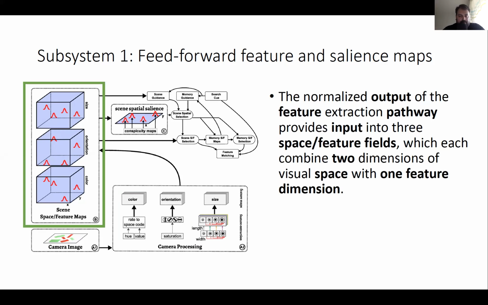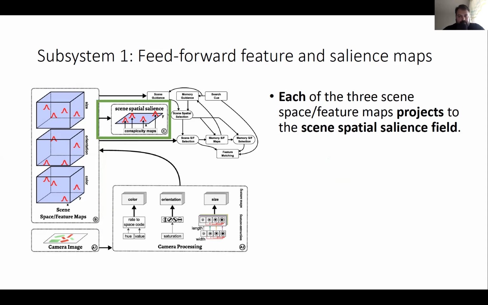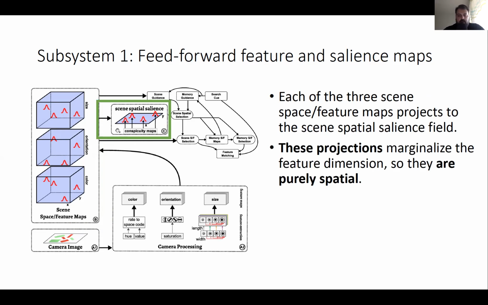Then the normalized output of the feature extraction pathway provides the input into 3 space feature fields, each combining 2 dimensions of visual space, x and y, and 1 feature dimension, in this case color, orientation, and size. And each of these maps projects into the scene space salience field. This projection is purely spatial.